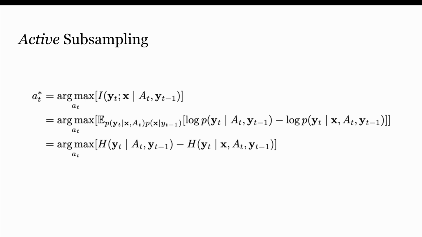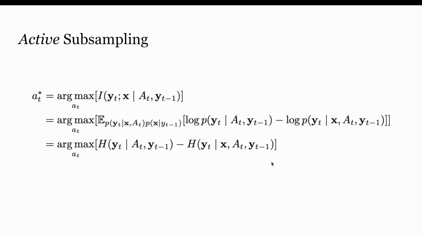The intuition is that if there's some location where you expect high entropy, so if you're trying to simulate what you'll observe there but you're uncertain, that will actually be a good location to measure. And that's the first term.